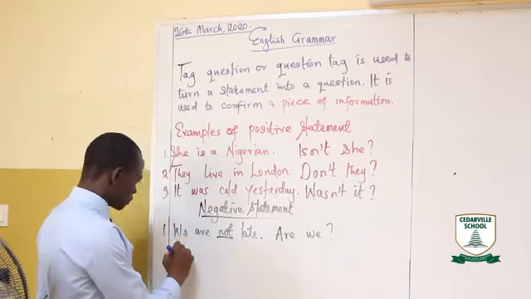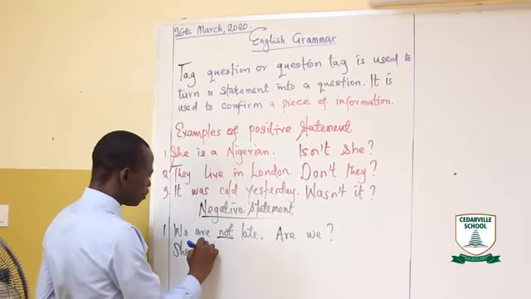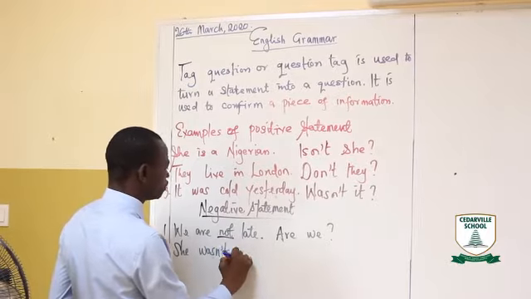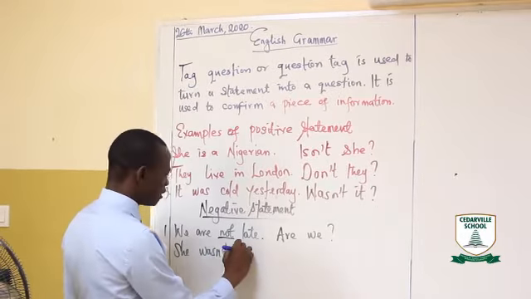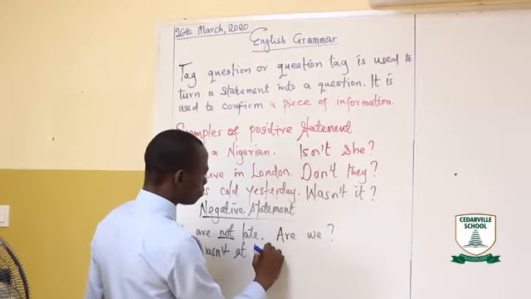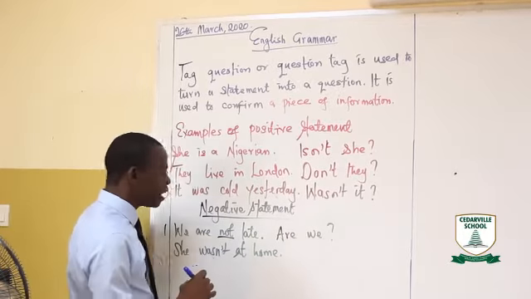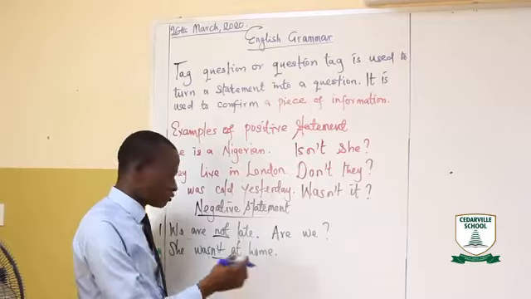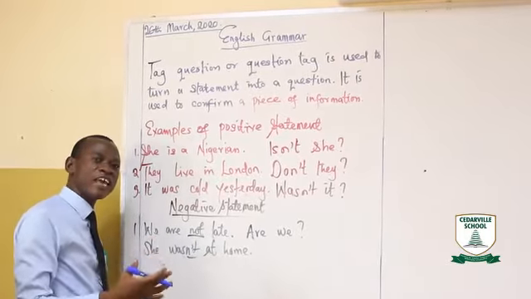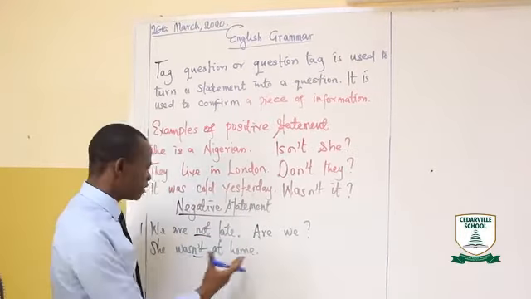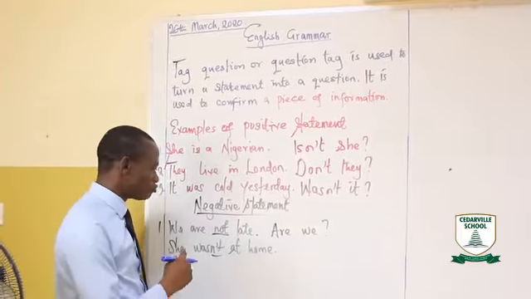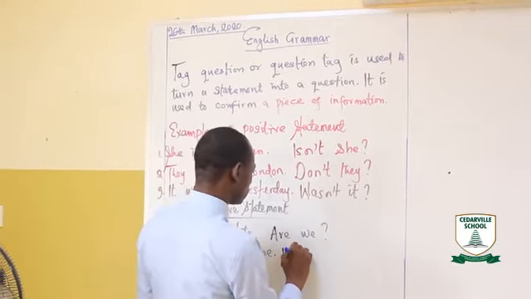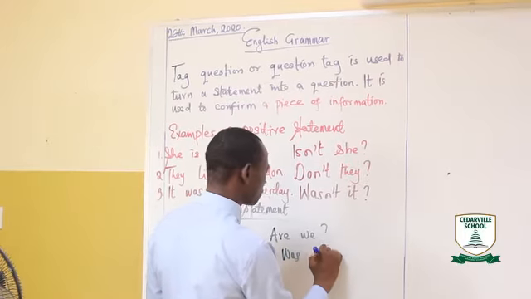Another example: she wasn't at home, in a contracted form. If you look at it, we have contracted was not, as if I wanted to say she was not at home. And so it will attract a positive tag question, which is, was she?